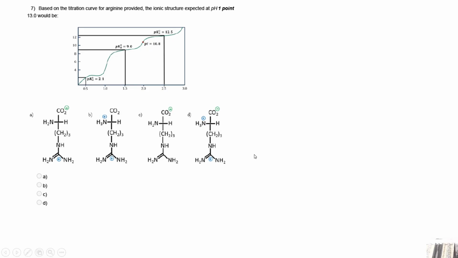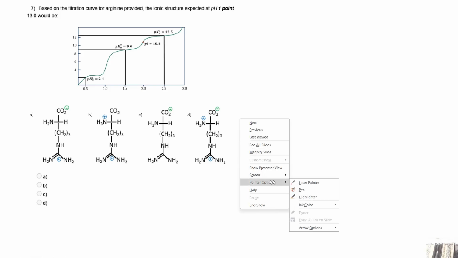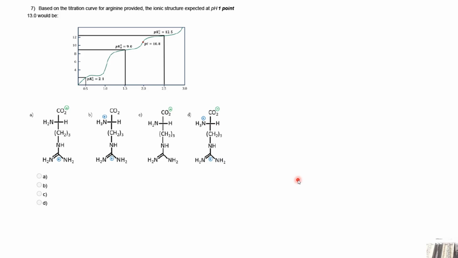So you have the image over here, you have all the options over here. I'll give you a few minutes. If you want, you can try and answer the question. Then we'll move on to the discussion.